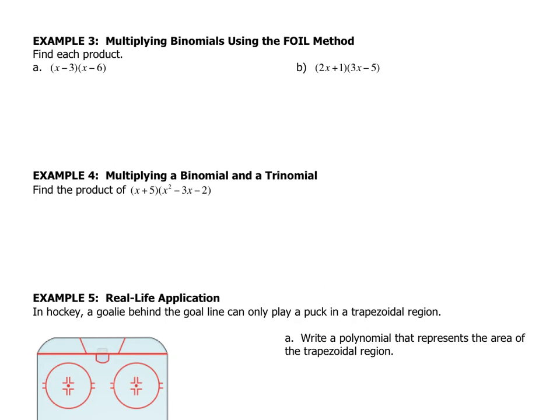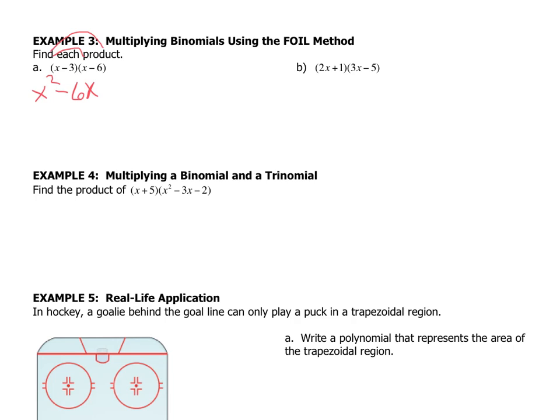So here we have an example of multiplying these binomials using the FOIL method. So again, as I look at it, the F is going to be the x times the x, which is going to give me x squared. Then I'm going to do the outside, which is x times the negative 6, a negative 6x.